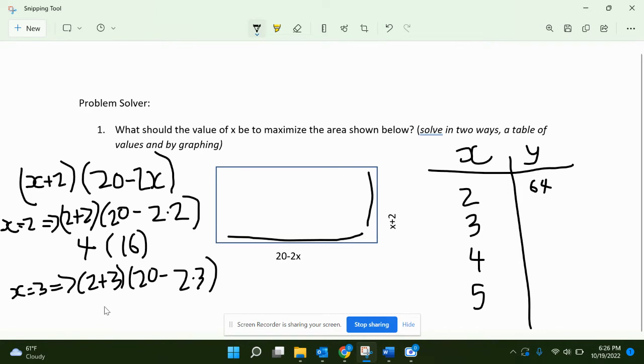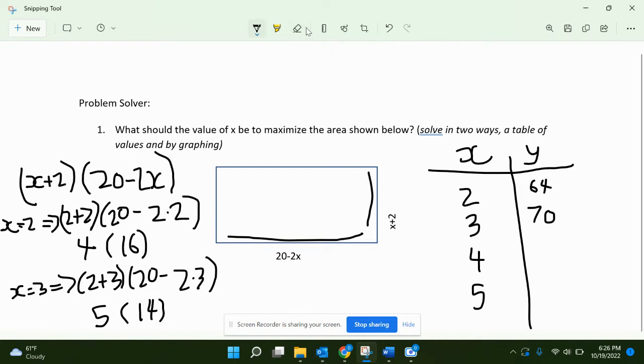And this is going to be 5 times 20 minus 6 is 14. Okay, and I believe 5 times 14 is 70. Now let's look at 4. So you can see it's going up, right?